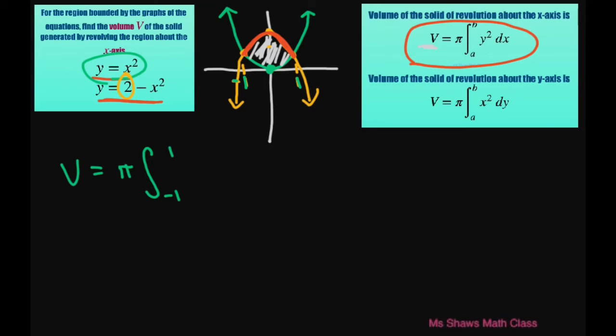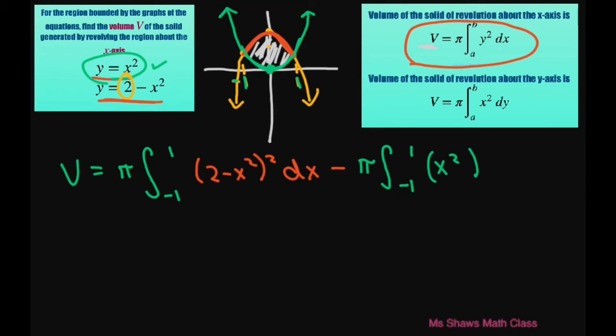And that is the second equation. So you're going to write 2 minus x squared, squared, dx. And then you subtract the one that is bounding the shaded region from the bottom, which is our x squared. So we're going to write minus pi, from negative 1 to 1, of x squared, and then you square it, dx.